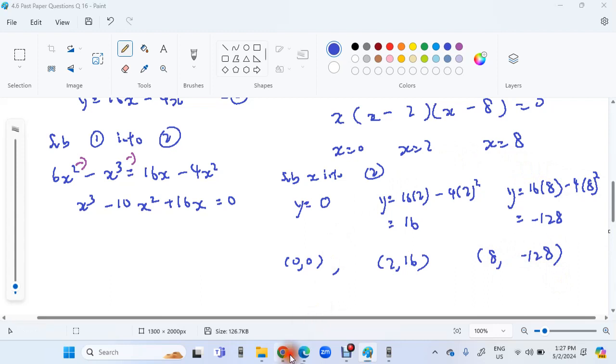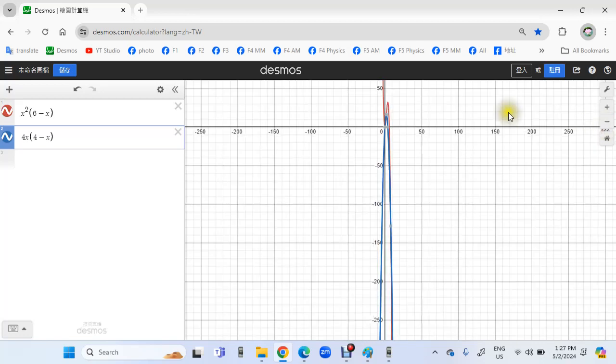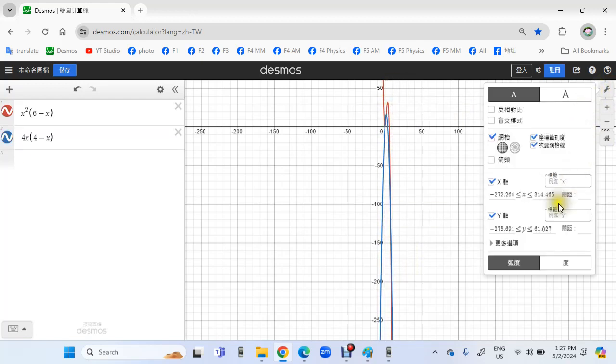So we look at the graph. Actually, they intersect at the point here. When we zoom out, we will see that actually they intersect at 3 points.